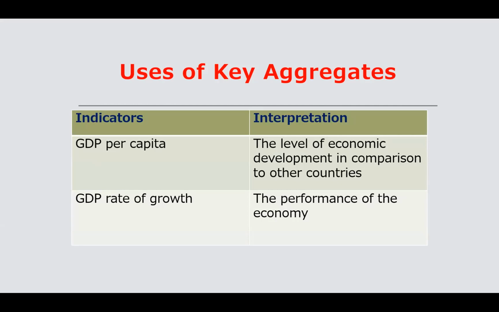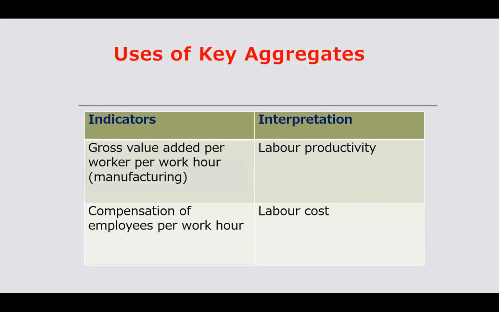What are the uses of key aggregates? GDP per capita shows the level of economic development in comparison to other countries. It is still one of the most common indicators for comparison. GDP rate of growth shows the performance of the economy. Gross value added per worker, per work hour, can be used for labor productivity.